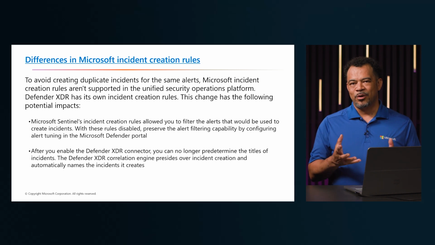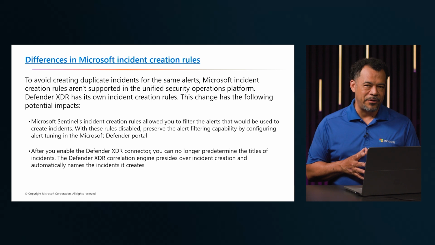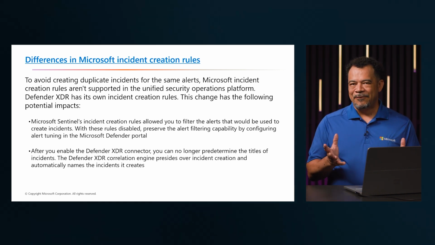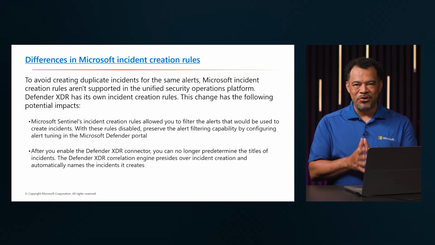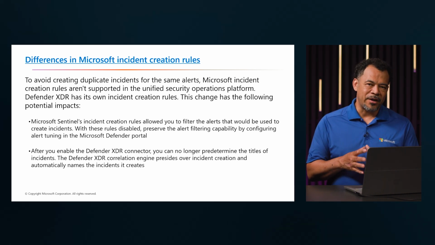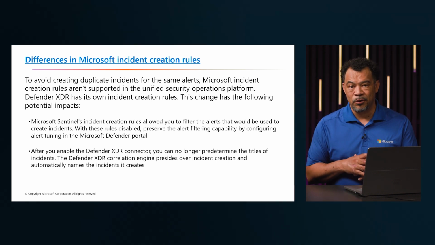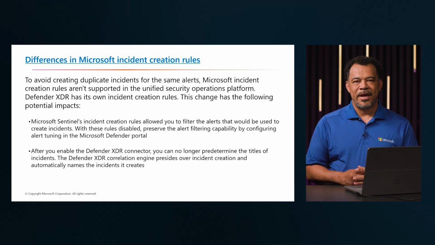To maintain control over alert handling, you'll need to use alert tuning in the Defender portal or set up automation rules in Sentinel. If your automation rules rely on incident names, it's best to switch to using tags or other stable conditions. For products not integrated with Defender XDR, like let's say Microsoft Purview, you should replace Sentinel's incident creation rules with scheduled analytics rules.